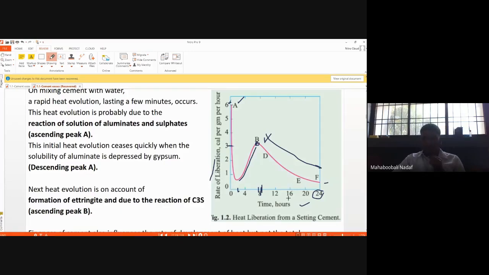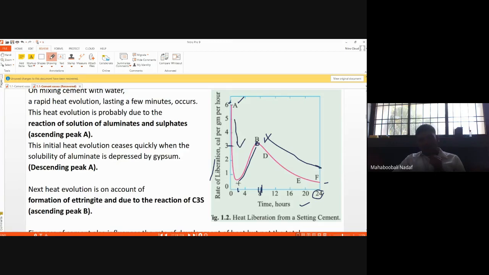I will explain once again. When you add water, there is a sudden rise in heat. Means what? Some chemicals are reacting, so the reaction is very fast, spontaneous, and more heat is there. But once those chemicals are gone, the heat slowly comes down and falls to this point.